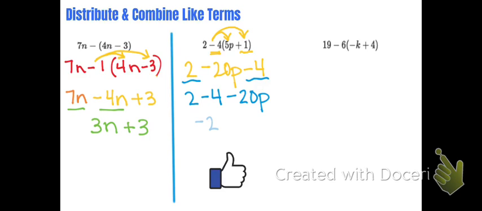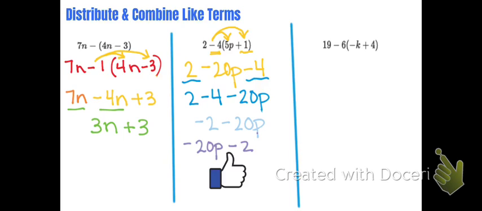And then you still have your -20p. Nothing can be combined with it. So it's -2 minus 20p, or often they'll put the one with the variable first. So let's switch the order. Let's put this -20p first, and then the -2 second. Either of these are the same thing.